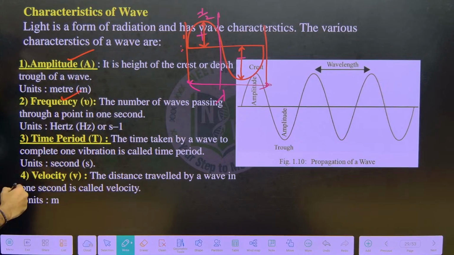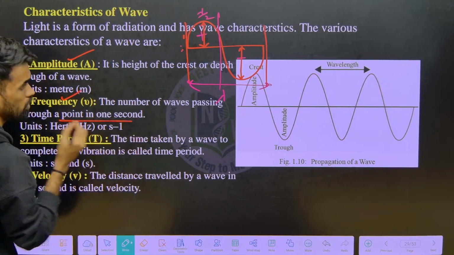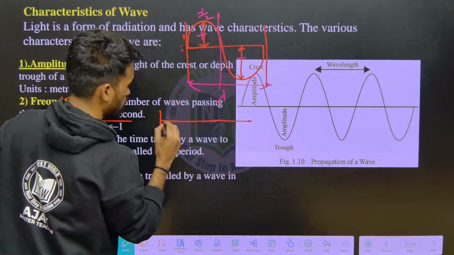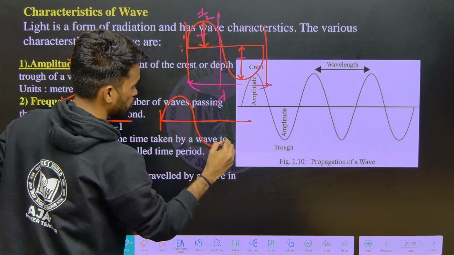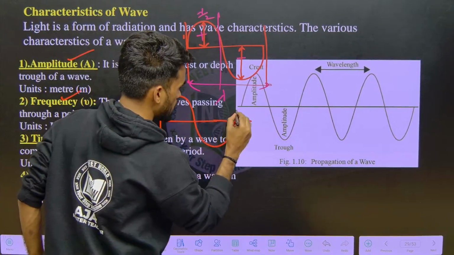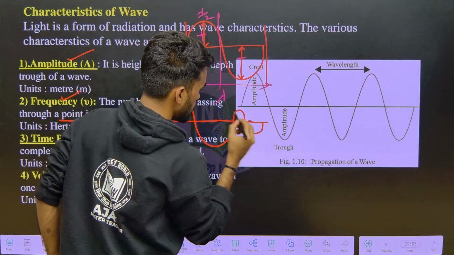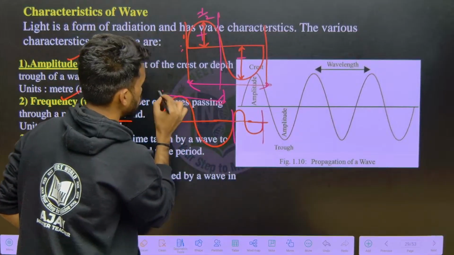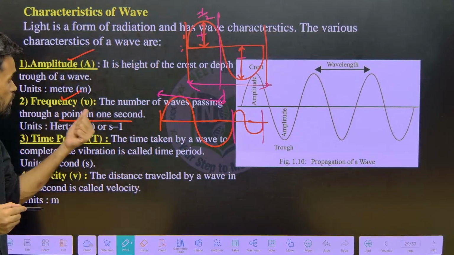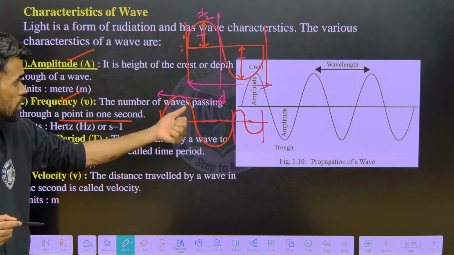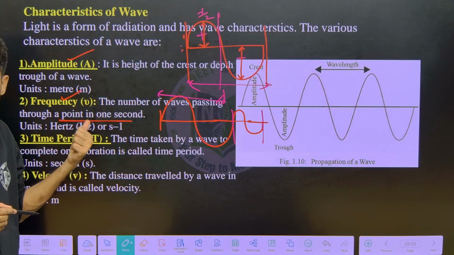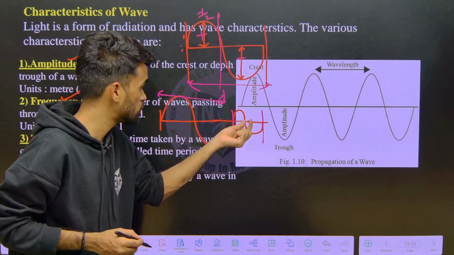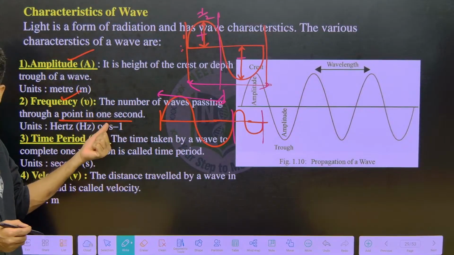Now amplitude is done. What about frequency? It is the number of waves passing through a point in 1 second. I am drawing two types of waves on the same line, one with bigger length and one with smaller length. Which wave will pass more through a point in 1 second?